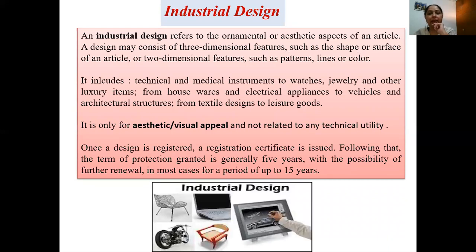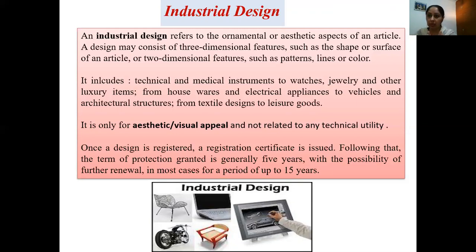Very important IPR is industrial design. Now, the sixth important IPR is industrial design. Industrial design refers to the ornamental or aesthetic aspect of an article. Remember, as we will discuss about patent and patentability in our next lecture, patents are always given for utility, for some industrial application.